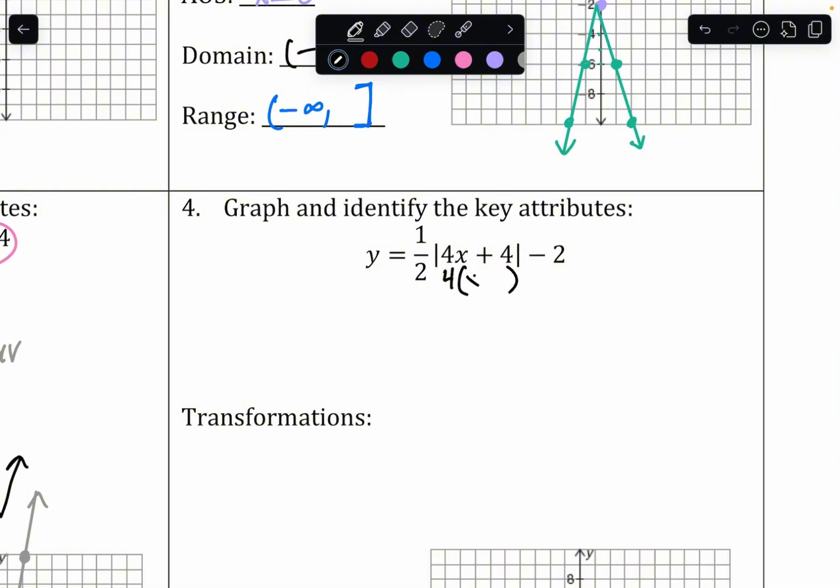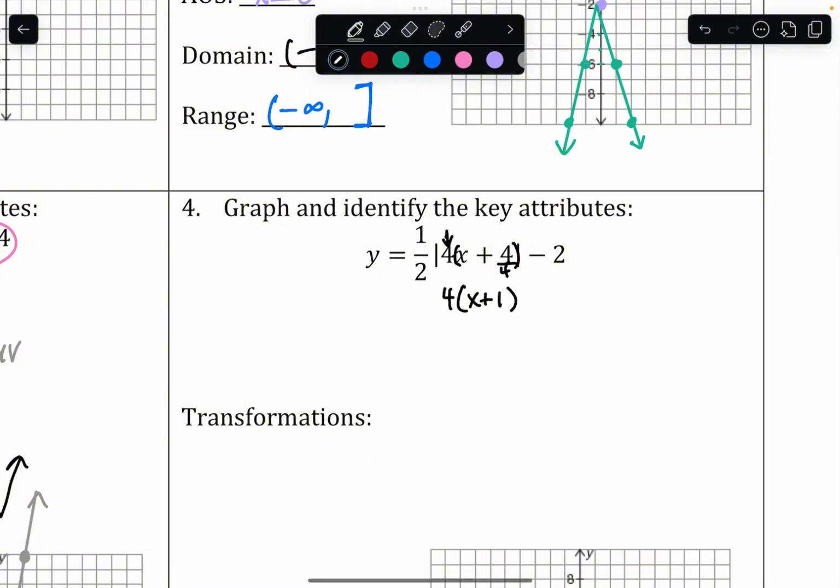You don't want to see what's happening to 4x, you want to see what's happening to x. So basically undistribute the 4. And so when you do that, add parentheses and then divide this c value by whatever this number is. And so when I do that division, that creates x plus 1.